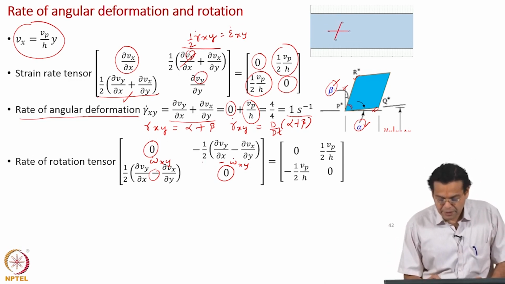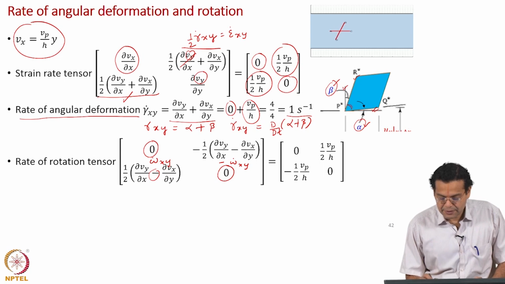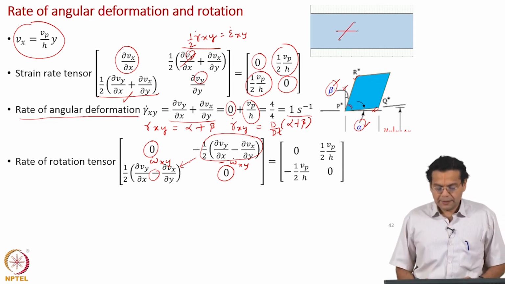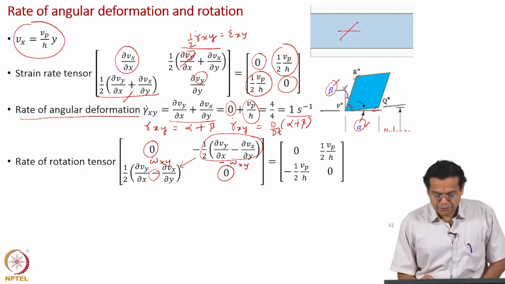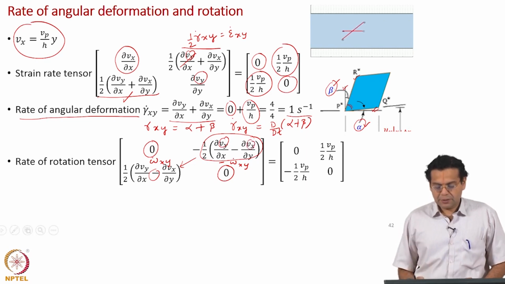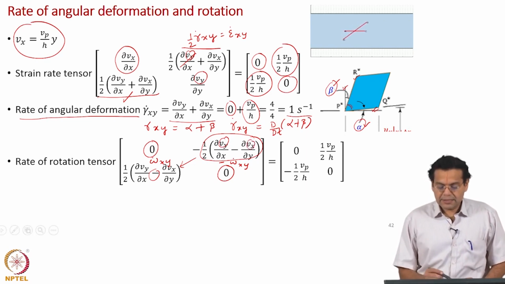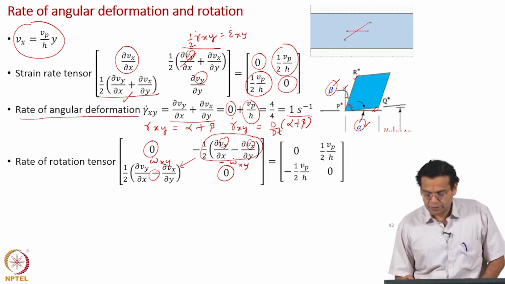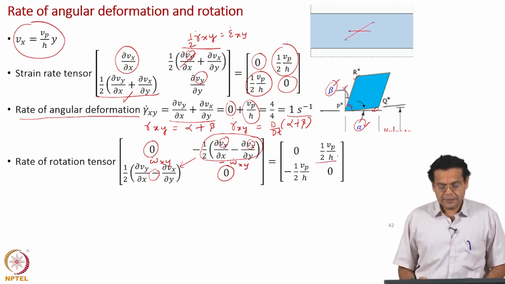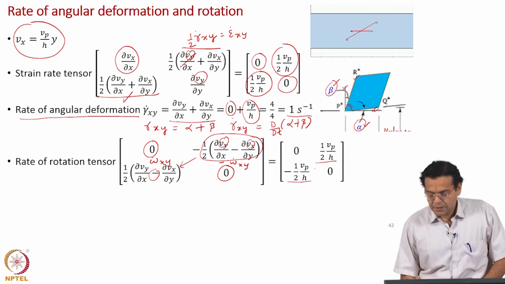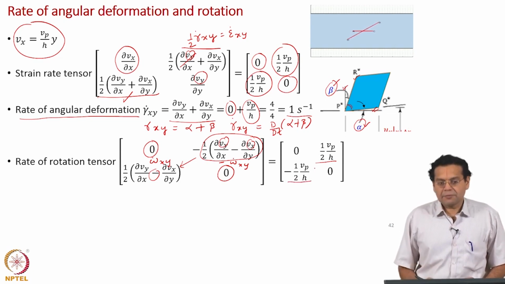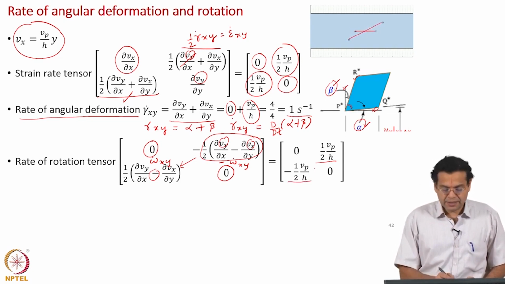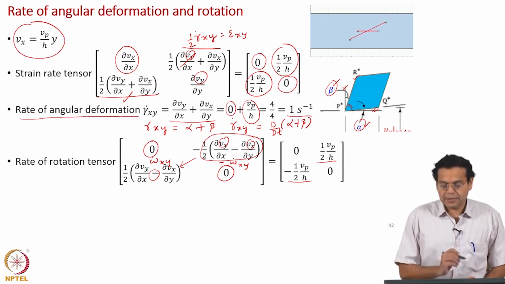Of course, because it is antisymmetric, this term is negative of this term. Now, if you evaluate this, Vy is 0, we differentiate Vx with respect to y, and then minus and minus sign becomes positive. So, you get half Vp by h, and this term is minus half Vp by h because they are of opposite sign, which can also be obtained by substituting here.